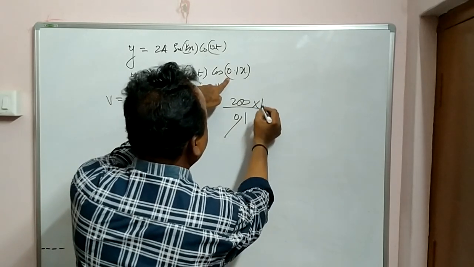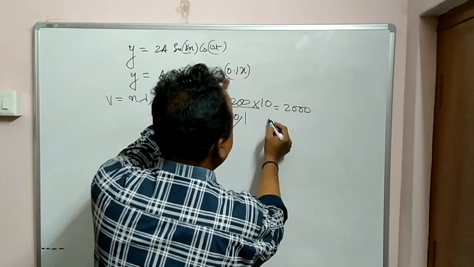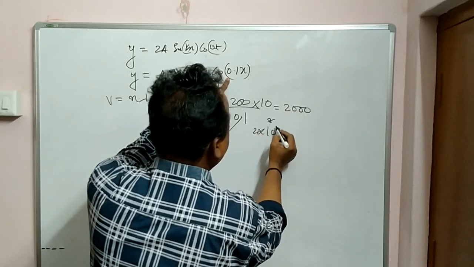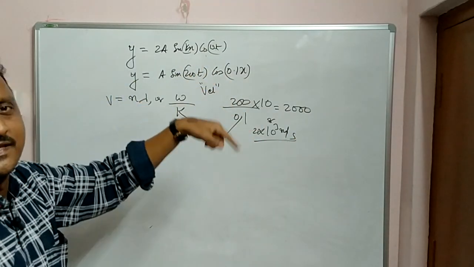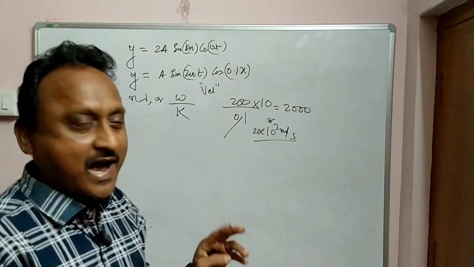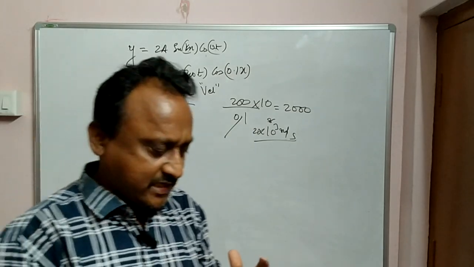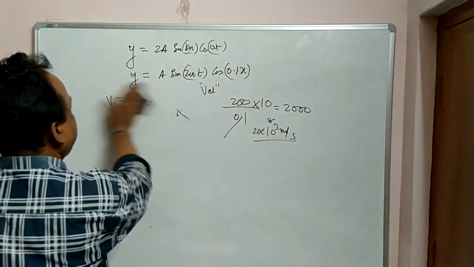Remove the decimal, transfer the 10 to the top. So 2000, or 2 into 10 cube meter per second. This is how you will calculate the wave velocity. Okay? And this one is amplitude. If you ask the question in this fashion, you can answer the problems very easily. Please note down. We'll go to the next one now.